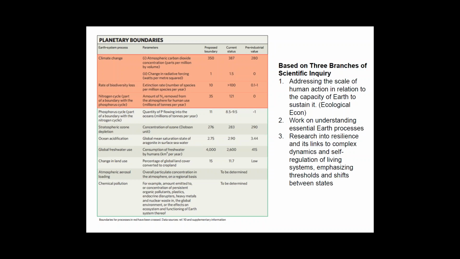And they're looking at the links between different systems. All of these things are related, obviously. Nitrogen and phosphorus runoff can contribute to ocean acidification and water contamination. So they're looking at links between the different categories themselves, and how biodiversity loss relates to some of these other systems as well.